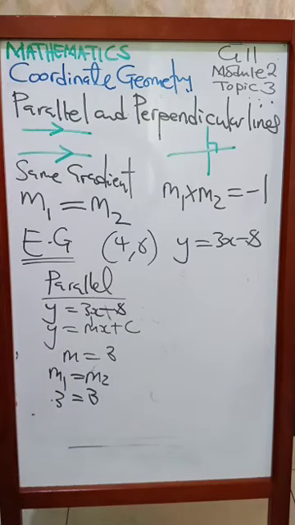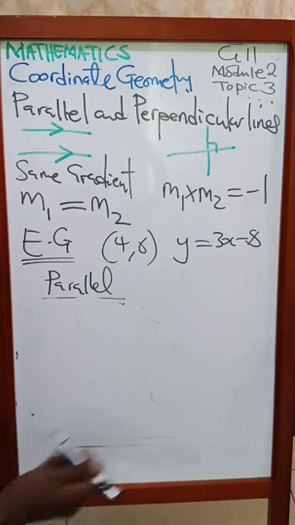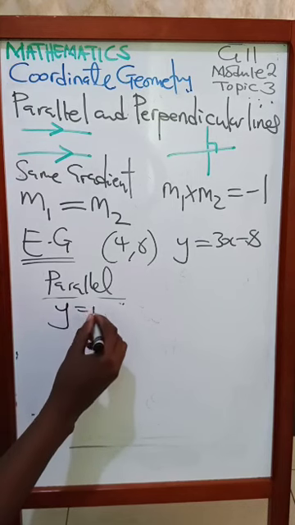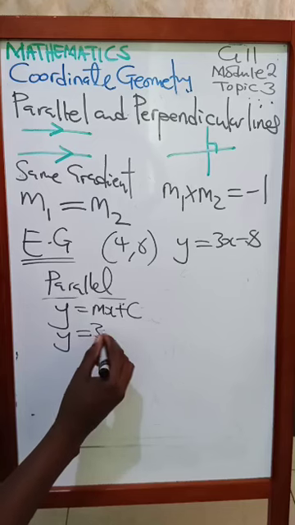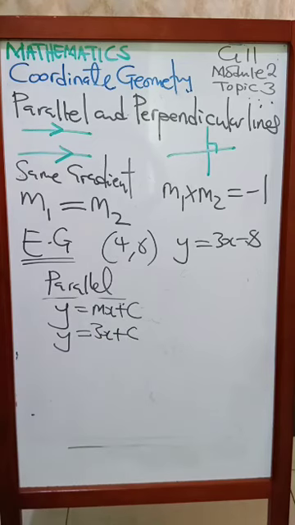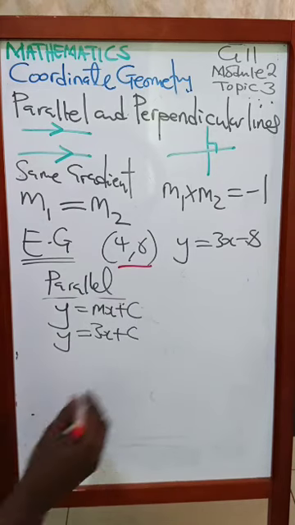So how do we proceed now? We substitute into the equation y = mx + c, so y = 3x + c. Then we ask ourselves, which point is this line passing through? It passes through the point (4, 6).